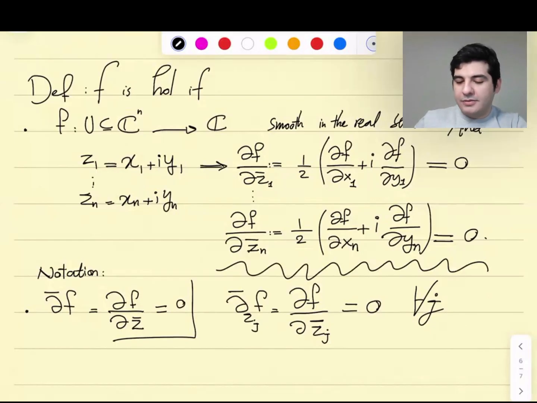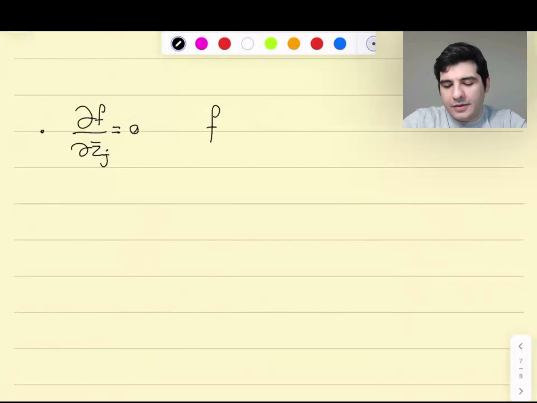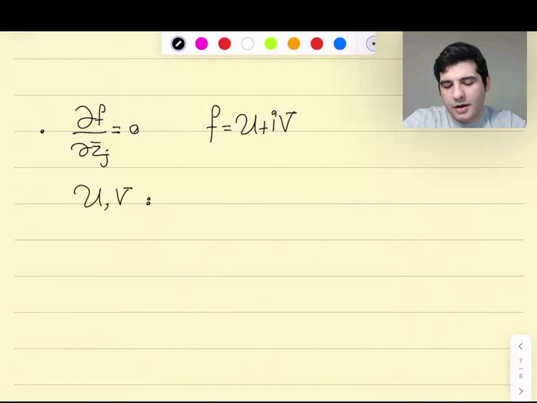It essentially means the function satisfies the Cauchy-Riemann equation with respect to each variable. So the derivative of f with respect to zj bar being 0 means, if I write f as u plus iv, where u and v are two functions defined on R^{2n}, which is our domain. Our domain is C^n, which can be identified with R^{2n}, or maybe a subset of C^n.